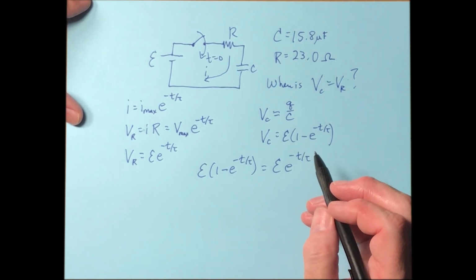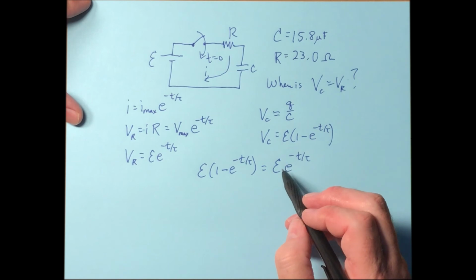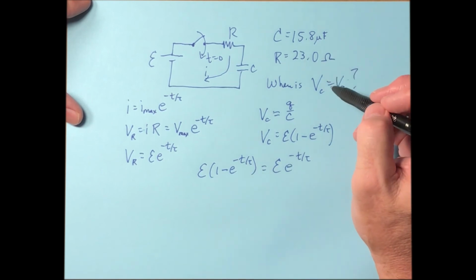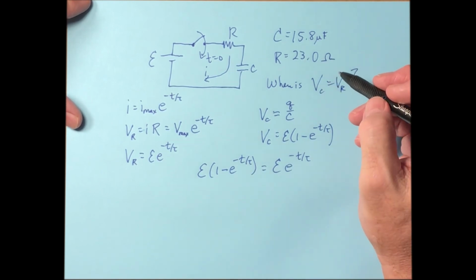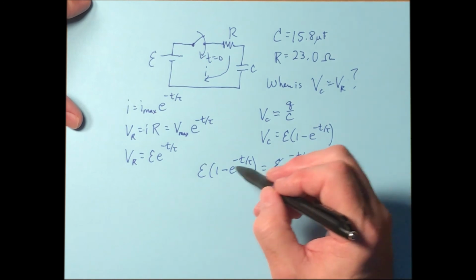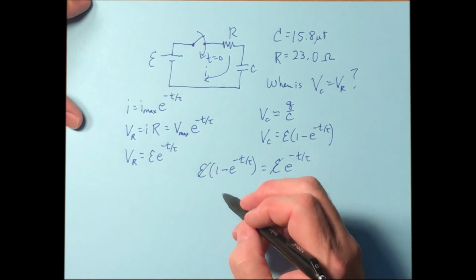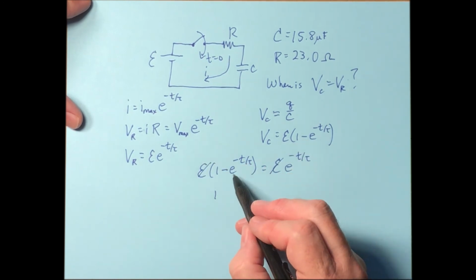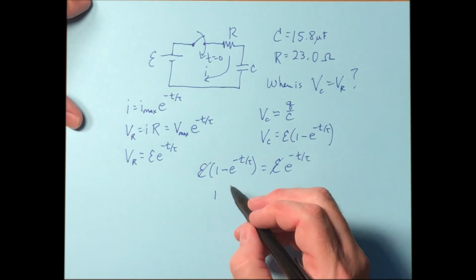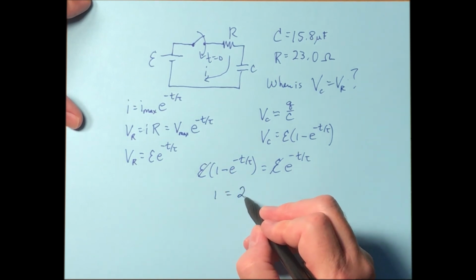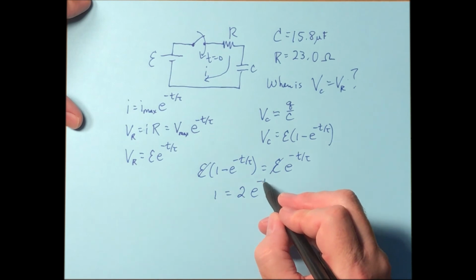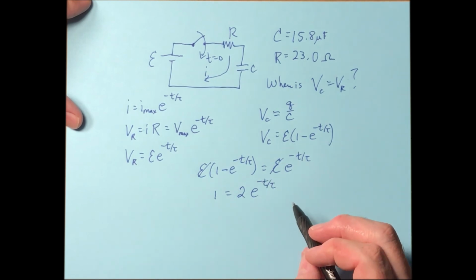Solve for t, and at that t value, that's when the voltages are equal to each other. You'll see the E's cancel here, and I've got 1, let's put this e over on that side, is equal to 2 e to the negative t over tau.